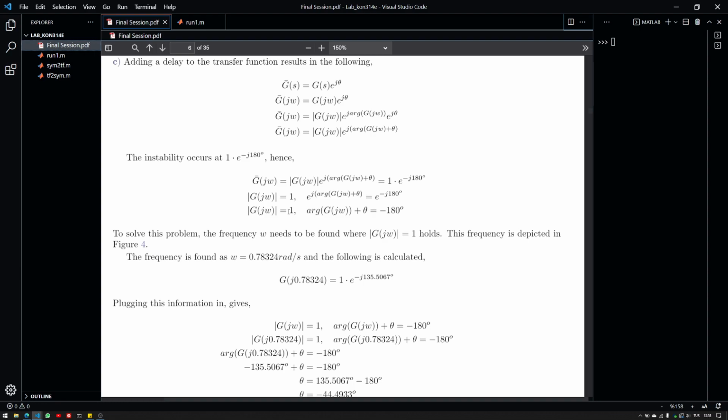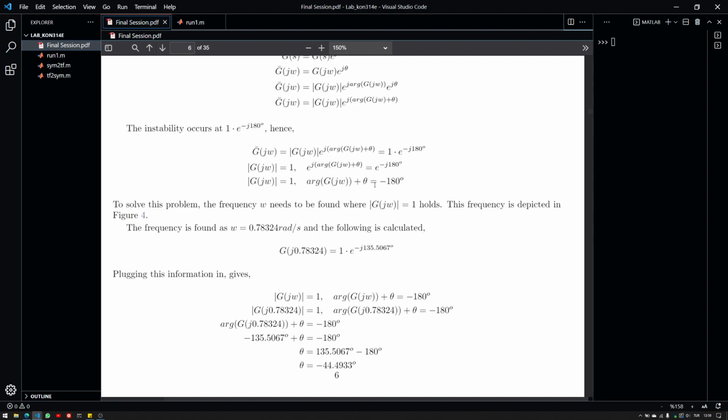The Bode plot for delayed systems or the systems without the delay will be the same, but the phase will be shifted with the delay times omega. And since omega is, by the way, the x-axis of the Bode plot, once omega becomes too big, then the phase angle will be approaching practically minus infinity.